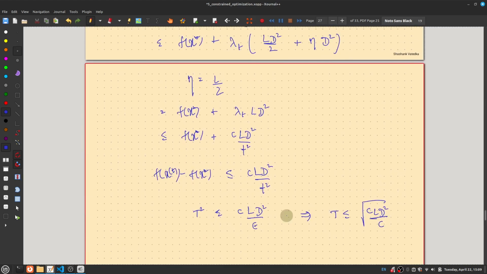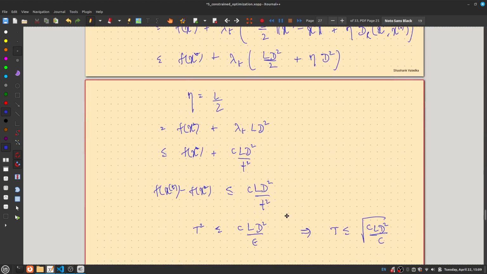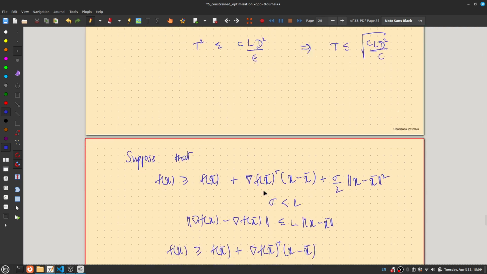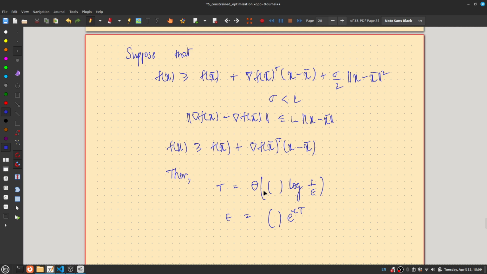Here, with just these assumptions, what we got was a quadratic rate of convergence. The error or the loss is upper bounded by something divided by t squared, where t is the number of iterations you have run. But if you have strong convexity, then you can get an even faster rate of convergence, an exponential rate of convergence.